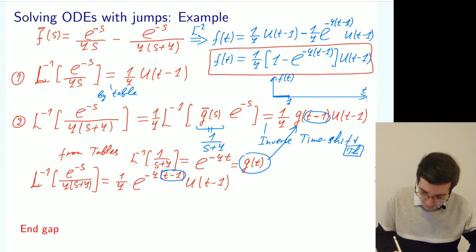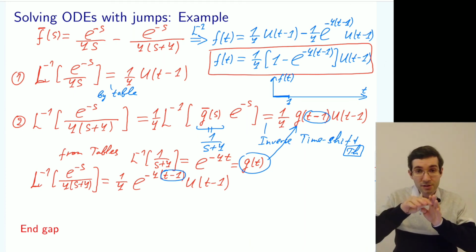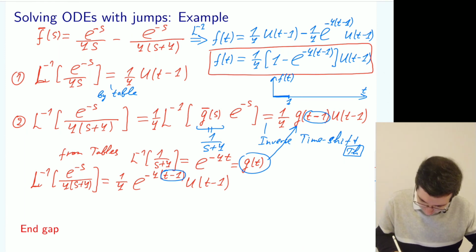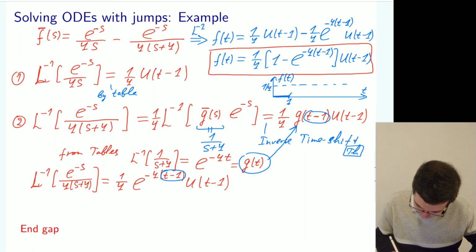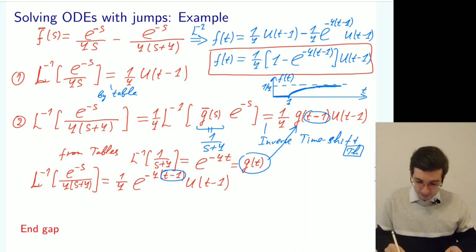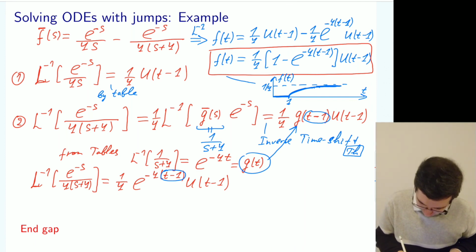And then you can see that it's starting to rise until it reaches steady state. So the steady state is given by 1/4, and then it's rising until it reaches that steady state. So that is what you can see here.